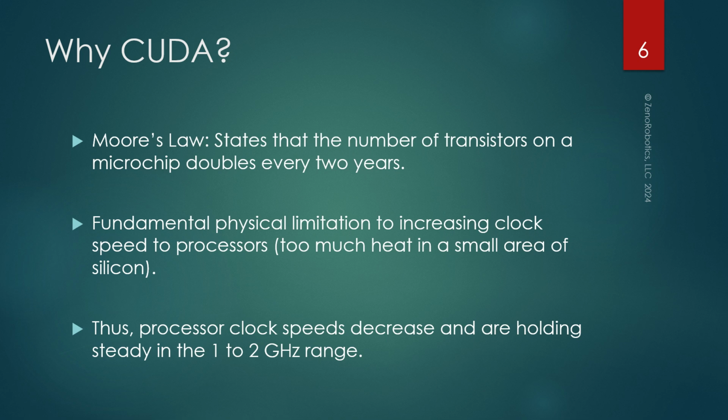And so the amount of heat in that one area just would burn the chip if you were trying to run it at 4 gigahertz. So then it went back down to 2 gigahertz and then down to 1 point something. So that's why the clock frequencies were coming down, and it became an issue.